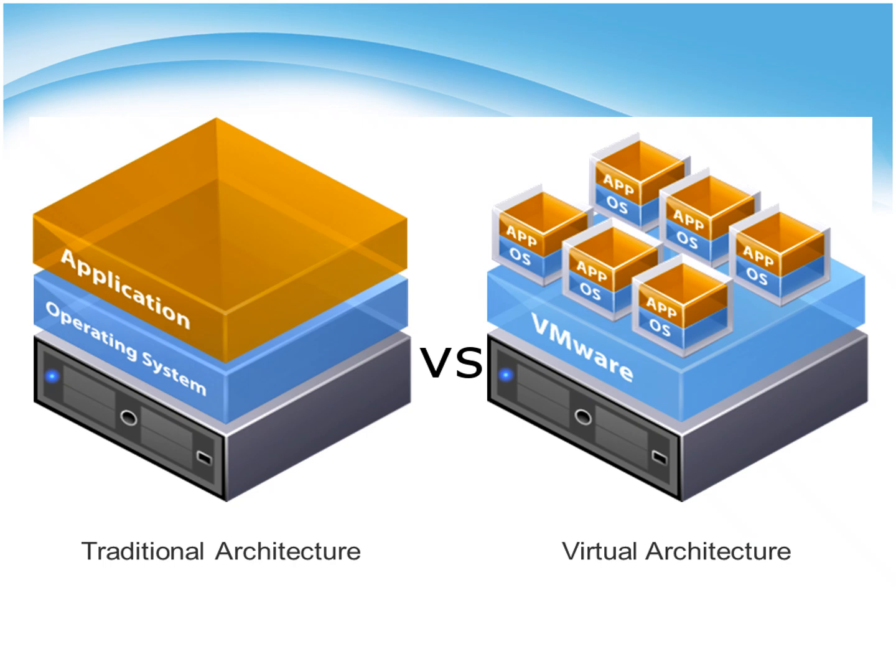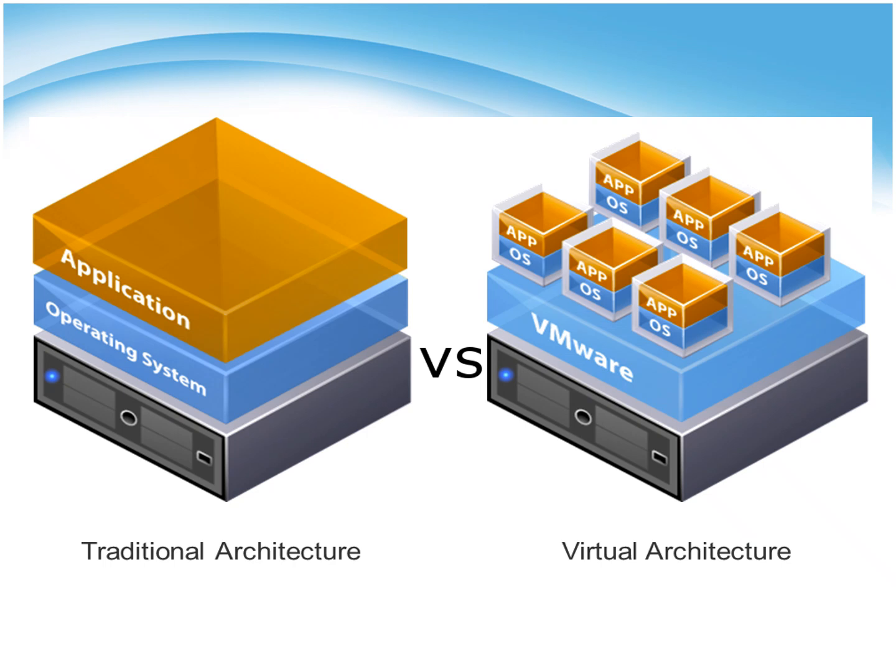If you want a separate operating system, you have to divide your storage capacity. In the virtual architecture, you have the hardware, and then virtual VMware. In VMware, you will have several operating systems, and each operating system has its own application.